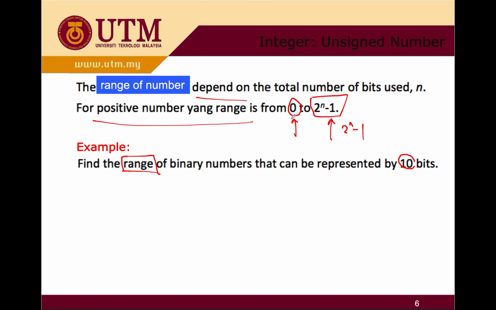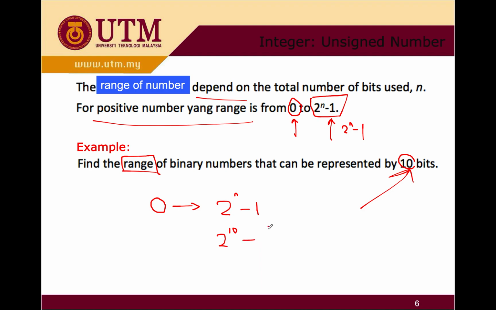First of all, you know that the minimum will be 0, and it will go up to 2 to the power of n minus 1. So over here, we change n to 10. Why 10? Because it is 10 bits.